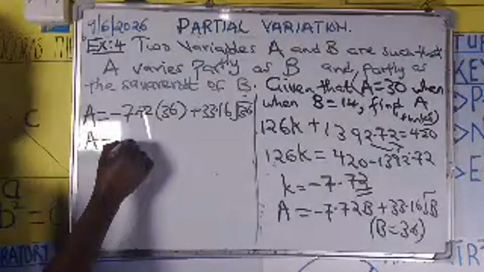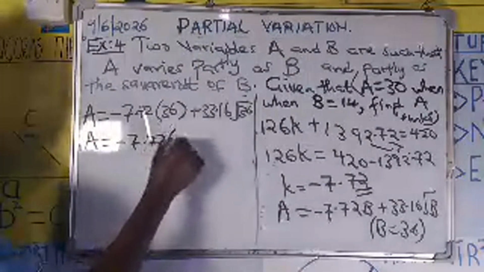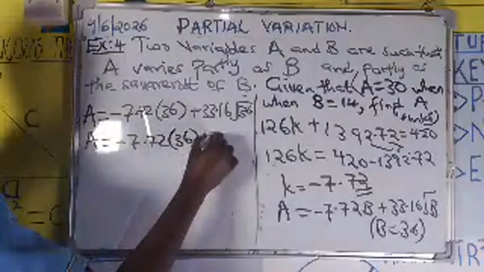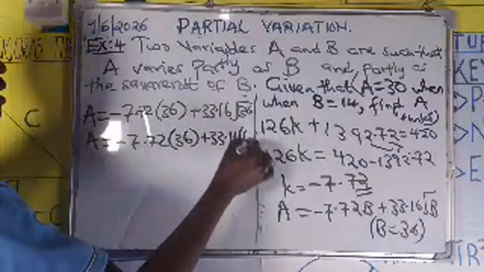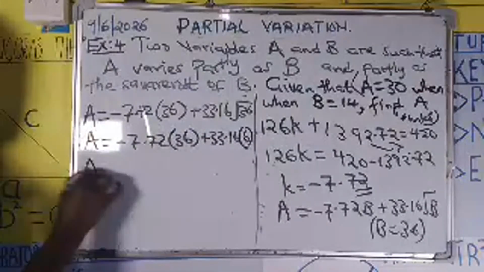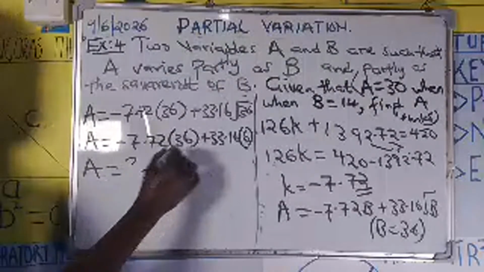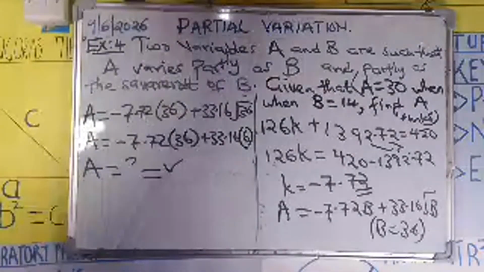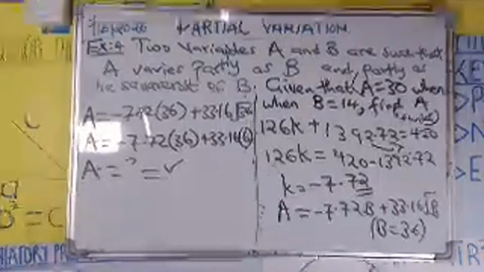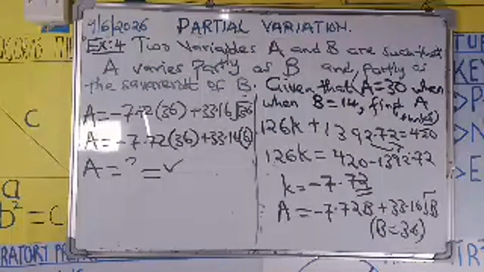Amalizia hii minus 7.72 times 36 plus 33.16 times 6. Ile utapata hapo ndio jibu. Hiyo ndio jibu.